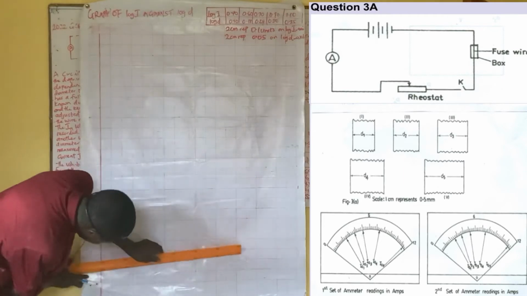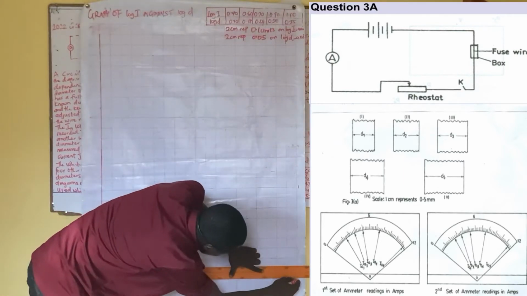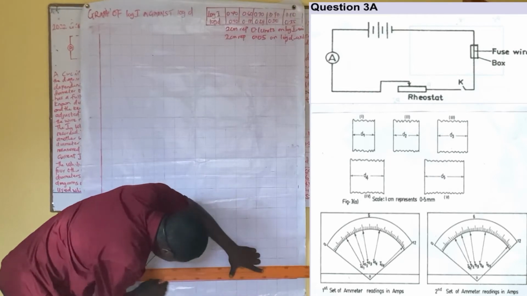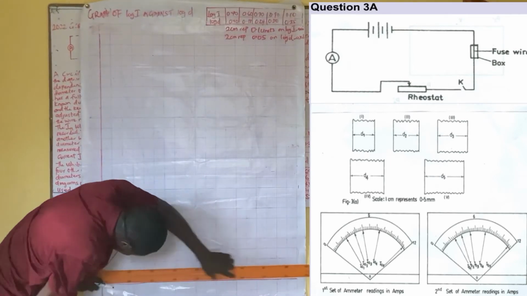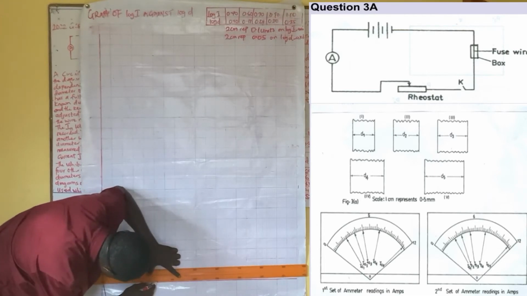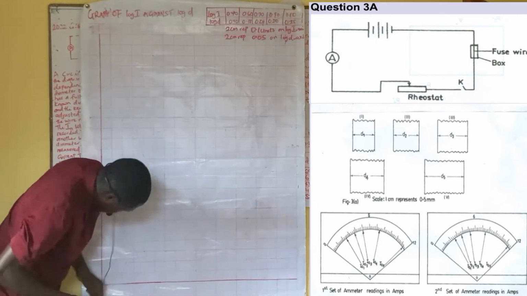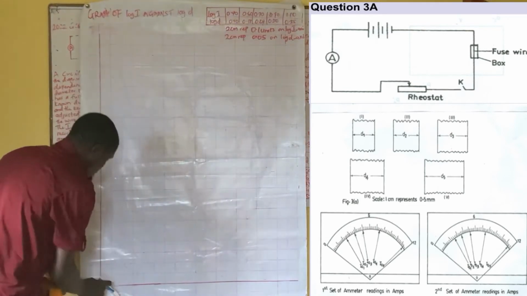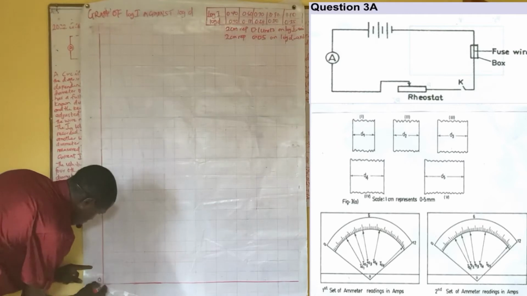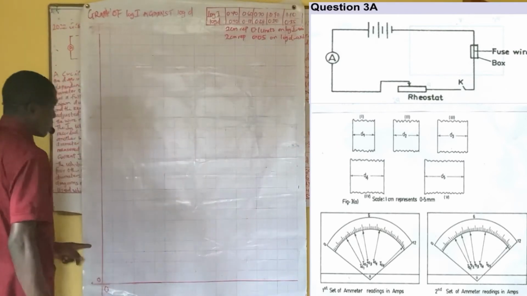So now this is my, so with this we now have 0, 0 starting from the origin.